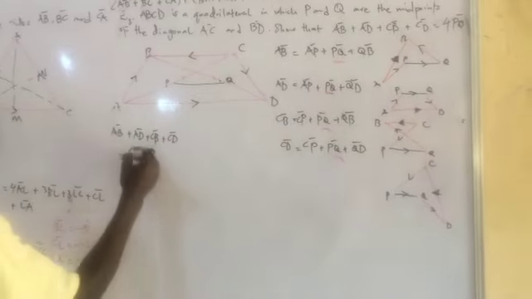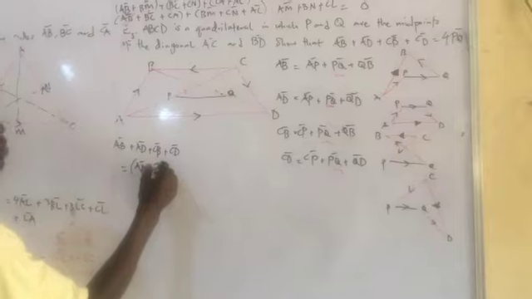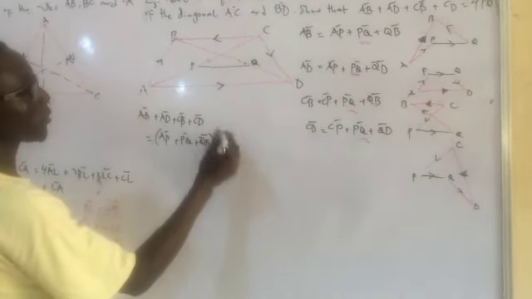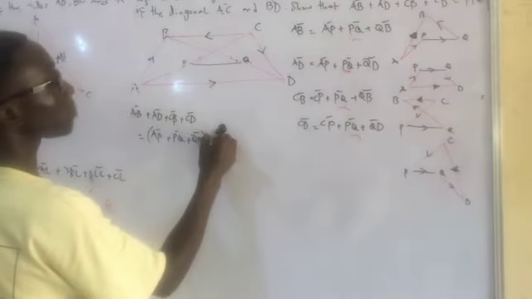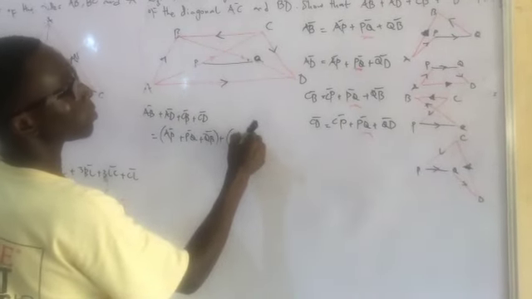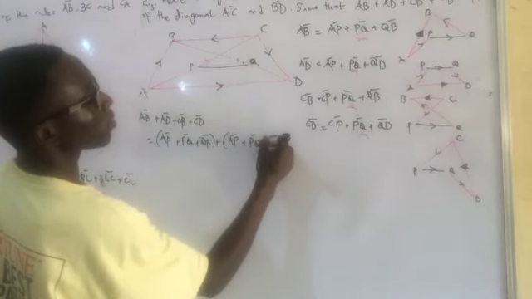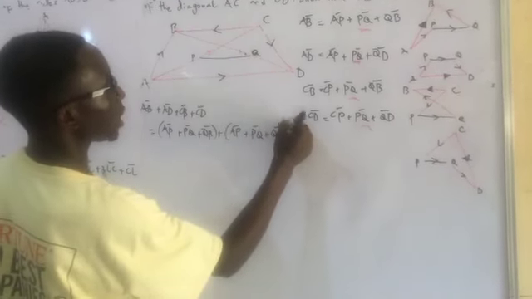Now let's combine everything together. Put it in brackets so you don't get confused. So AP plus PQ plus QB. That's for the first part. Then plus AP plus PQ plus QD. That's the second part.